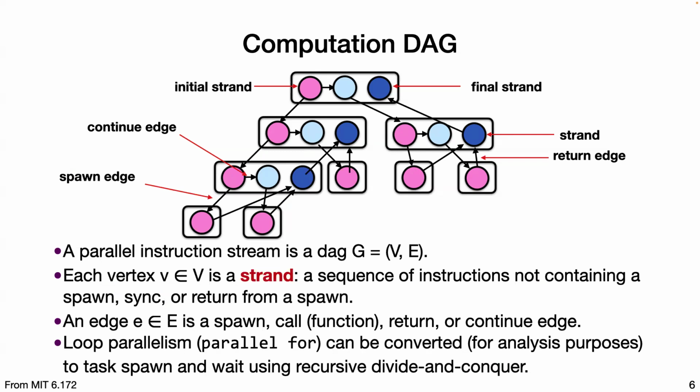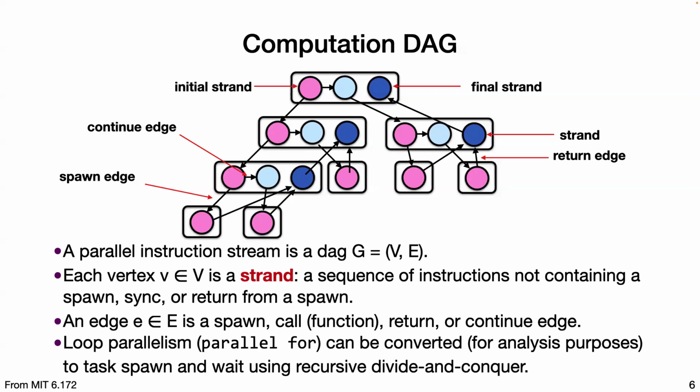So given these parallel constructs, spawn and sync, you can define this computation DAG, with vertices and edges, where the vertices are the instructions and the edges are the dependencies, spawn, sync, and so on. Every vertex is called a strand, which is a sequence of instructions. It doesn't necessarily have to be just one instruction.